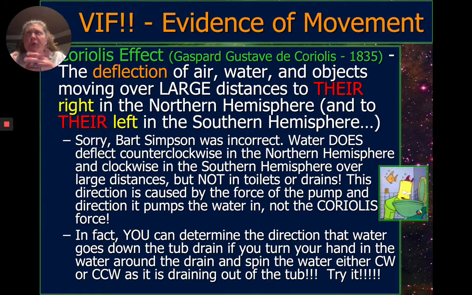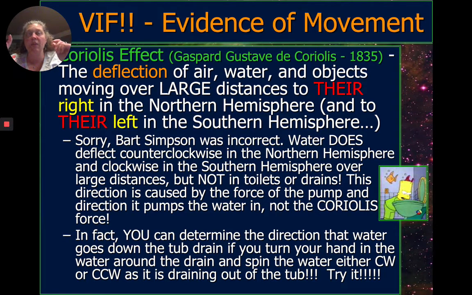You may have heard, toilets in the northern hemisphere drain counterclockwise and toilets in the southern hemisphere drain clockwise. That's not true. The direction that a toilet or a tub drains is not a large enough area, large enough distance for it to flow over.